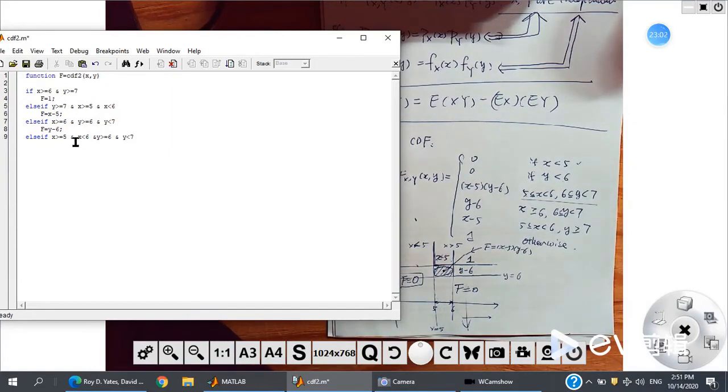In this case, f will be x minus 5 times y minus 6, the multiplication of these two.